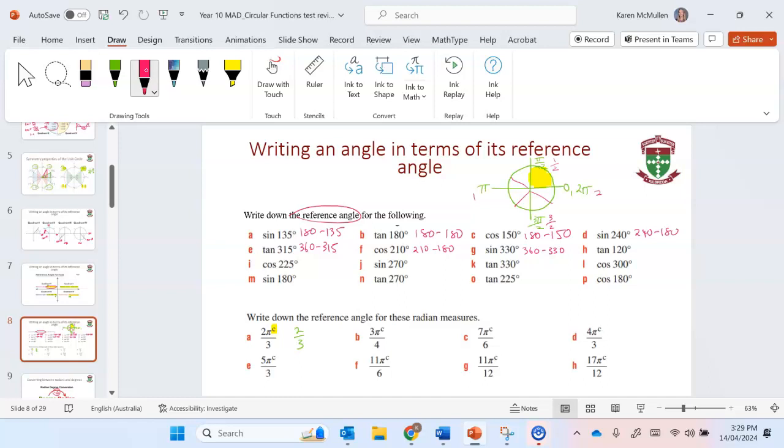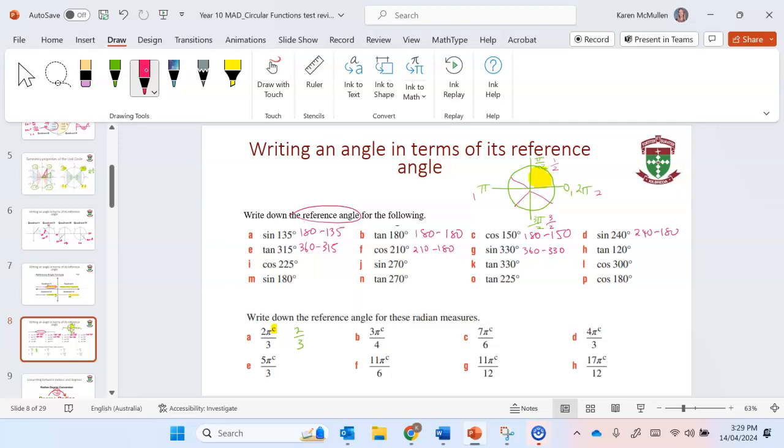So 2/3 is smaller than 1 because we haven't quite got a whole. If you think about eating 2/3 of a pizza, you still have a third left. But is 2/3 greater than a half? Well, yeah, it is. So we're in the second quadrant.